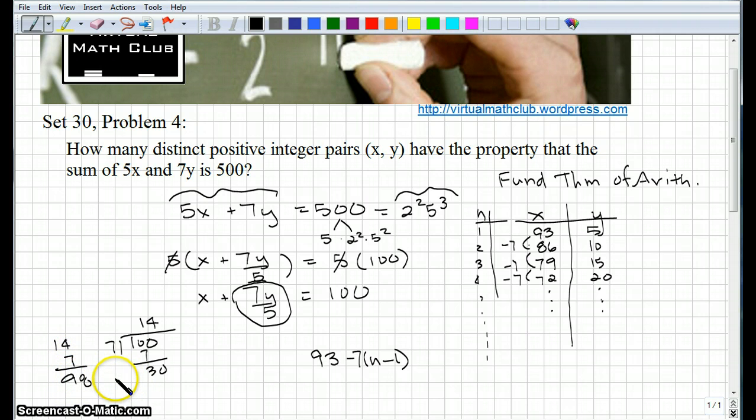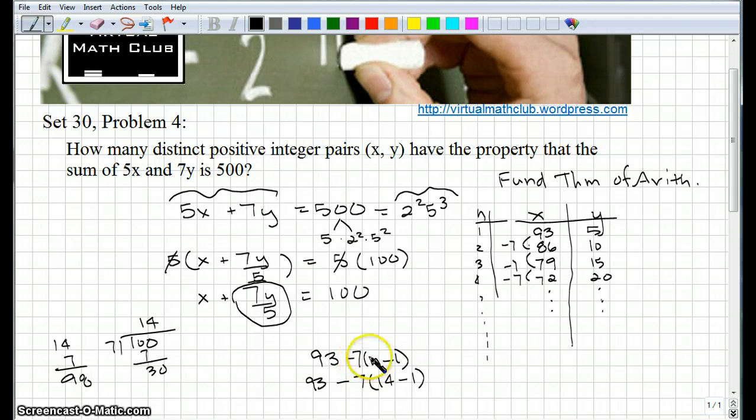Okay, so 98 is a multiple of 7. So if n is 14, okay, so if we say 93 minus 7 times 14 minus 1.